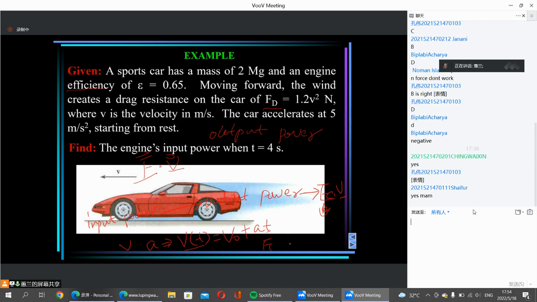And also for Fc, we need to use the FBD. We use the FBD, and then we write down the equation of motion to find Fc. Okay, so then we can find the input power.